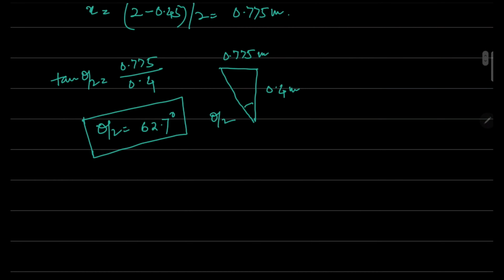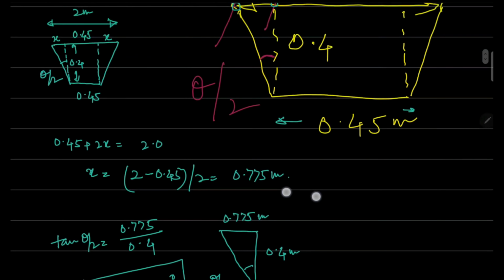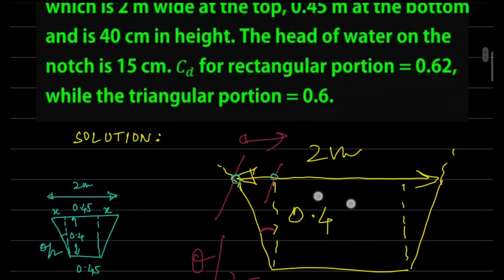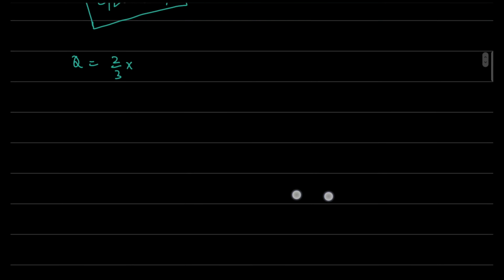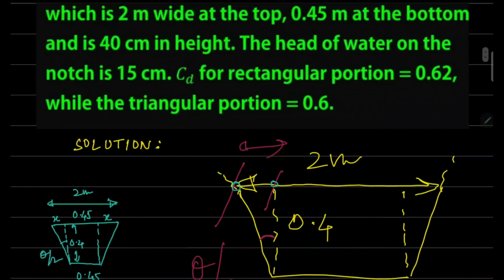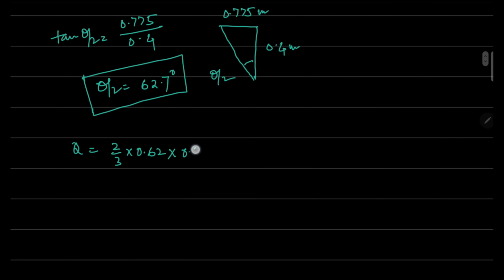Then we will find out the discharge through the trapezoidal notch. So that value is Q is equal to 2 by 3 CD1. CD1 is for the rectangular portion, so the CD for the rectangular portion is 0.62, multiplied by L, which is 0.45, multiplied by under root 2g.